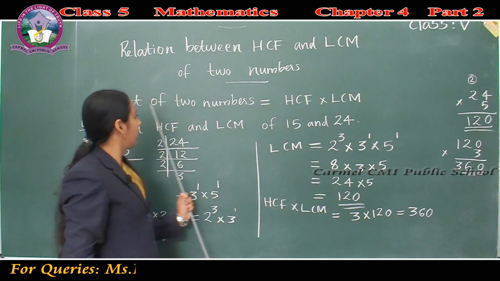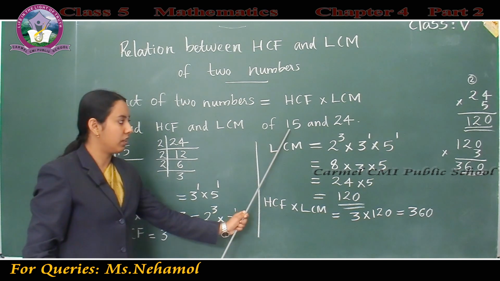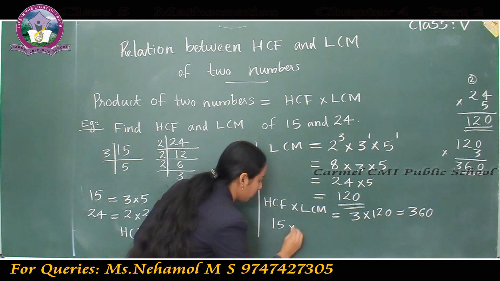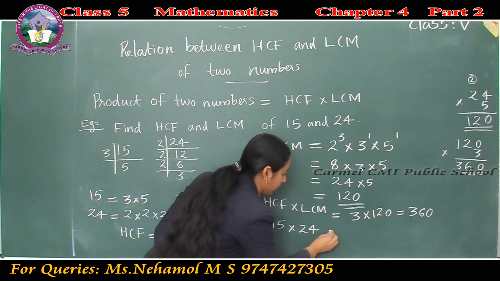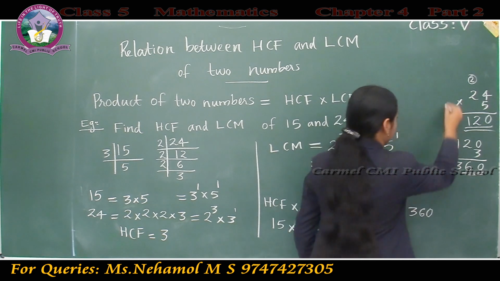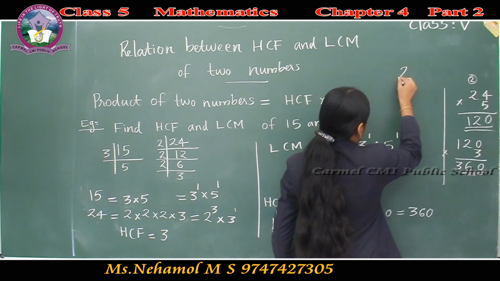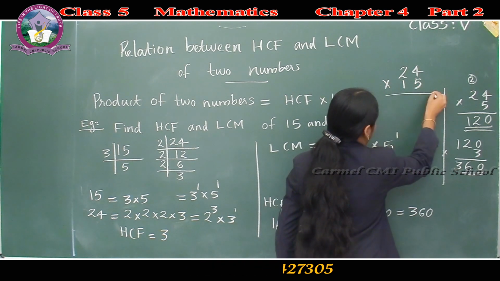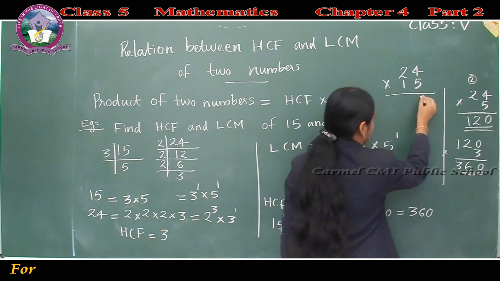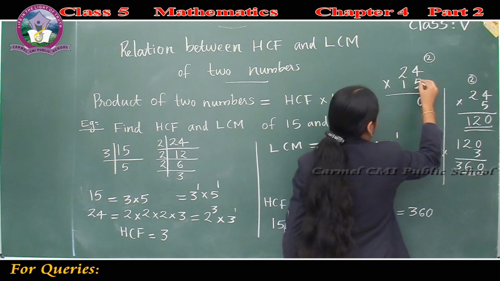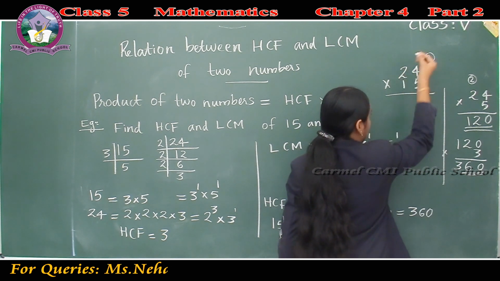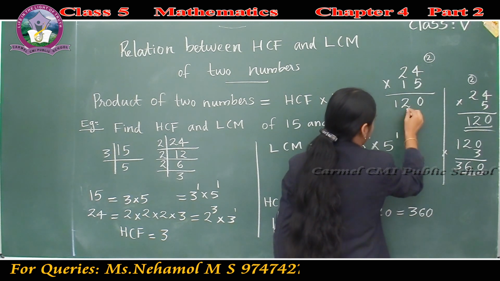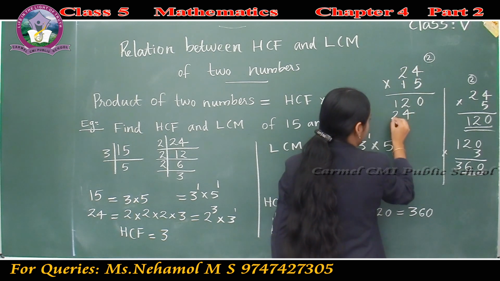Then we have to check the product of two numbers. Given numbers are 15 and 24. So 15 into 24. 24 into 15: 5 4s are 20, 2 here. Then 5 2s are 10, 10 plus 2 is 12. Then 1 4s are 4, 1 2s are 2.